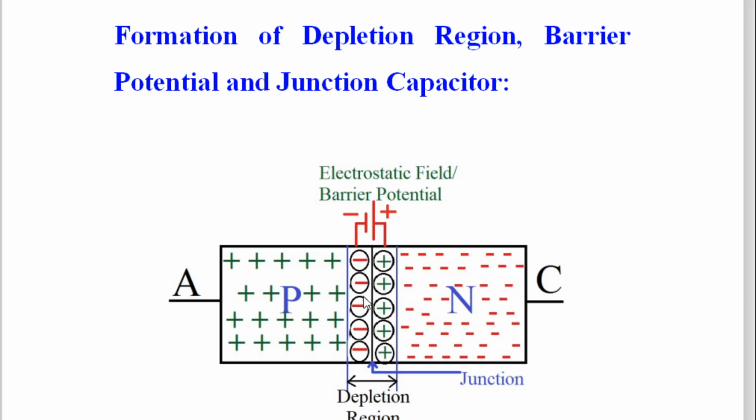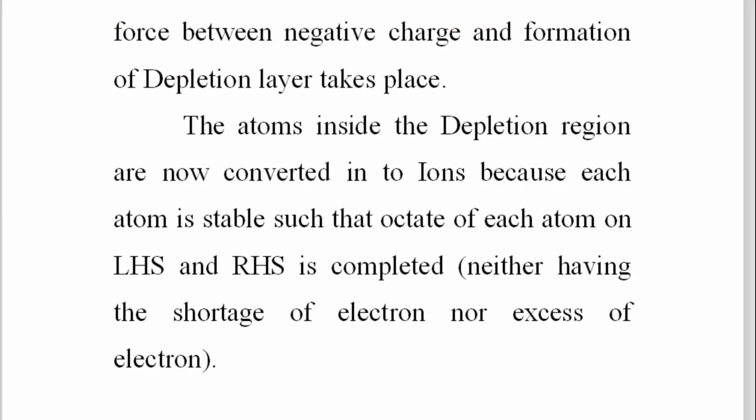The atoms on the left hand side that have gained the electron were previously not stable because there was a shortage of electrons. Upon gaining the electron, all those atoms become stable. So atoms very close to the junction on the left hand side become stable upon gaining the electron, and atoms very close to the junction on the right hand side also become stable upon losing the electron which they had in excess.